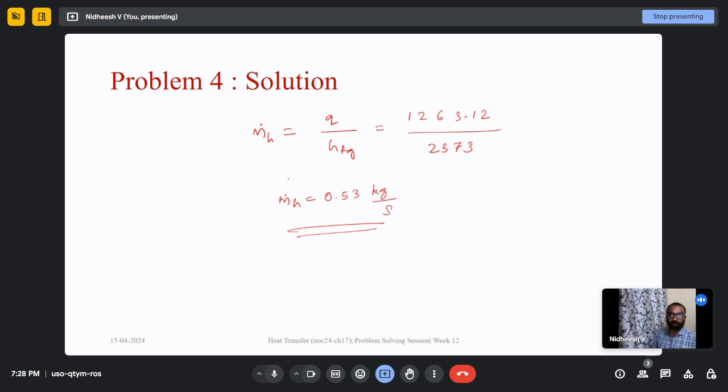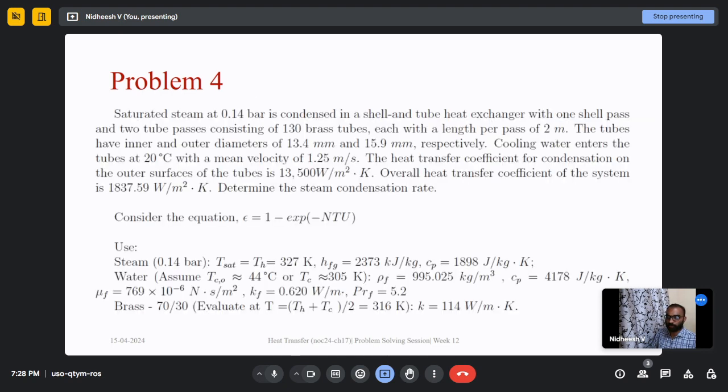Take 2 minutes to revise what we did to solve this problem. After that, we will move on to the last problem for today.